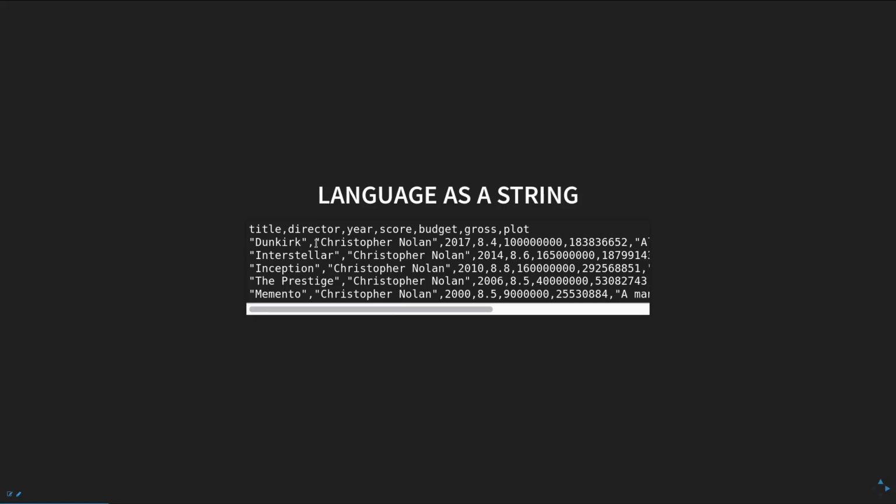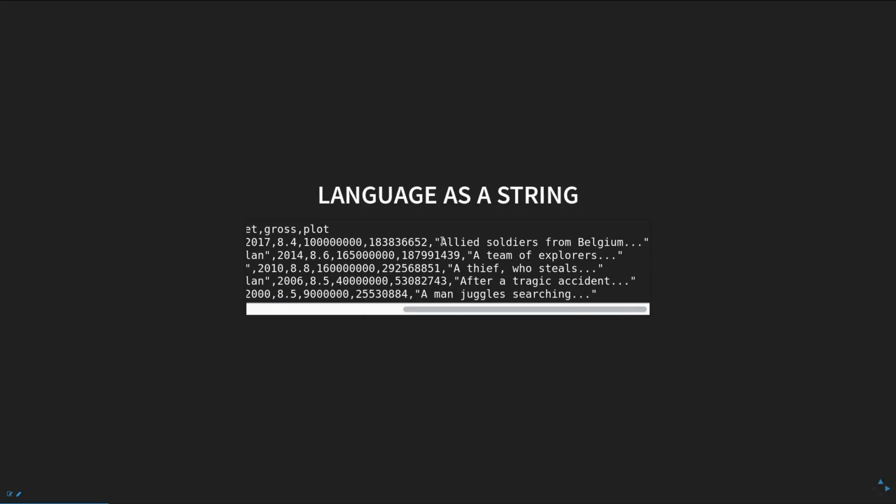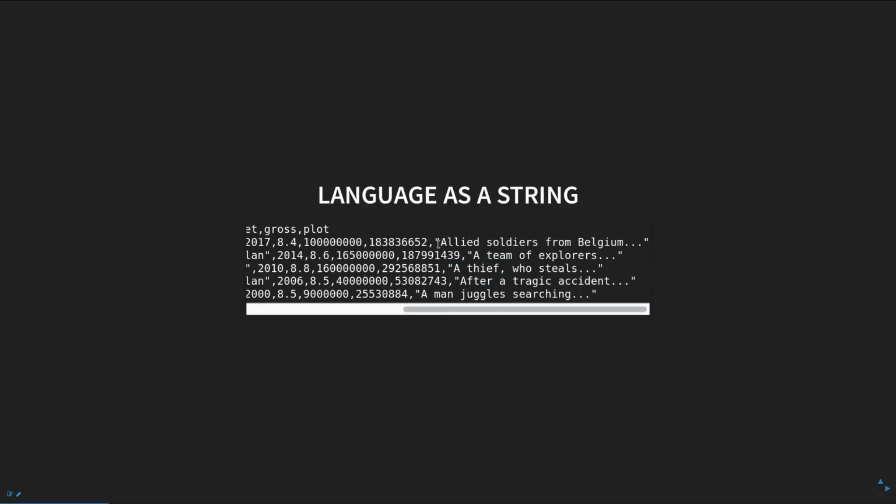It can be a bit more complex, like a name, which obviously has a first and last name. And then once we get to the plot, we get actual running text. Now, viewing this as a string, for a computer it is just a bunch of bytes, and each of these values will be unique when a computer looks at it. So there's no information yet that the computer has on this string representation right here.